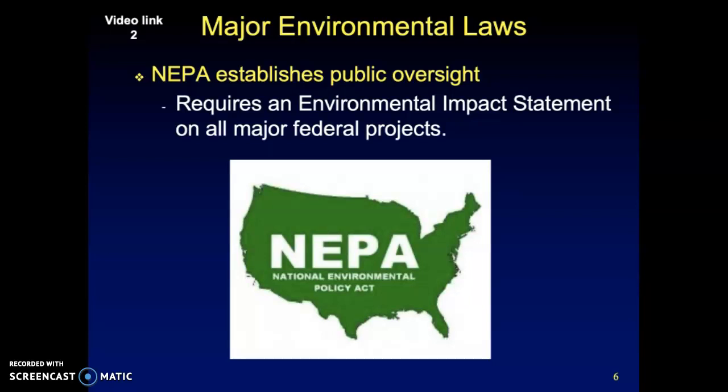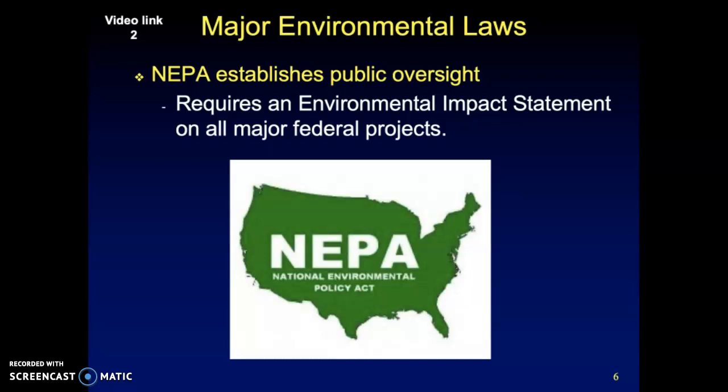So NEPA, the National Environmental Policy Act, was established decades ago to help with environmental policies and environmental laws. What NEPA does is establish public oversight when we're trying to do something with an environmental law or policy.